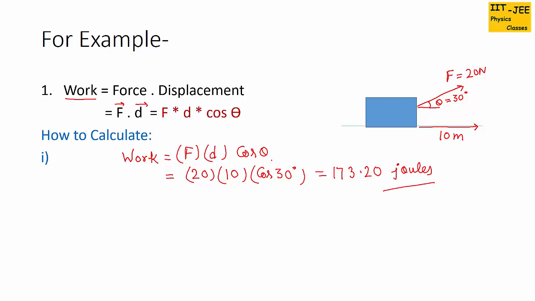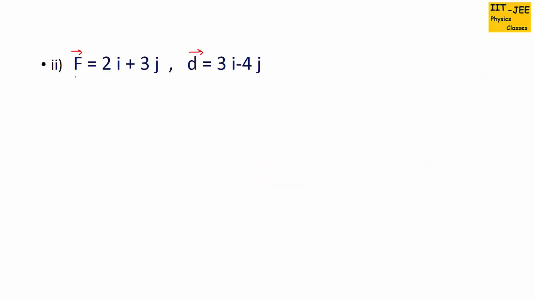So using this formula we can find any dot product. Suppose the force vector and displacement vector are given in i, j, k unit vectors. In that case we have to find the work. So work would be force vector dot d vector. So (2i plus 3j) dot (3i minus 4j).